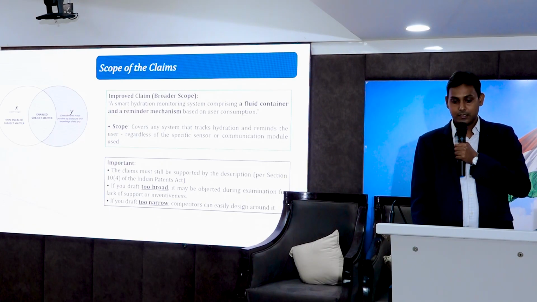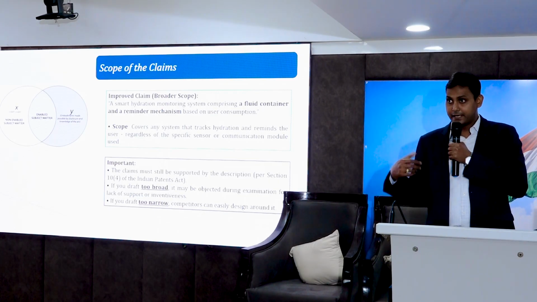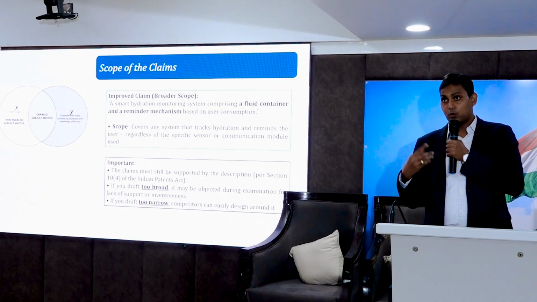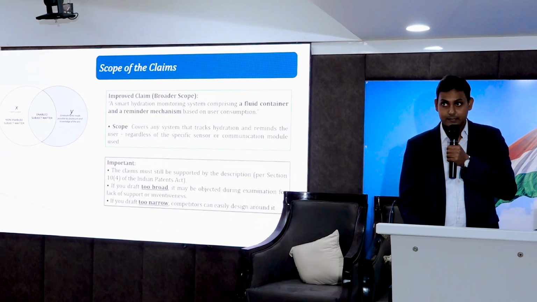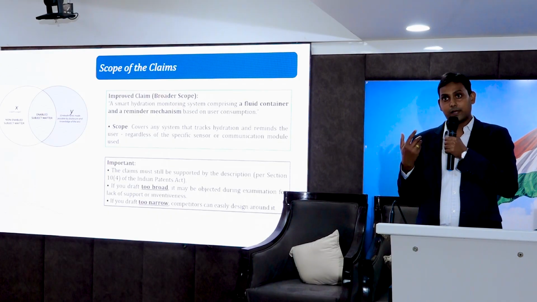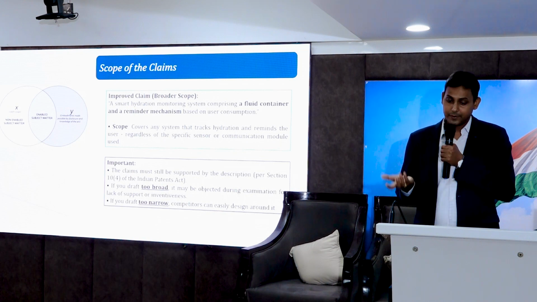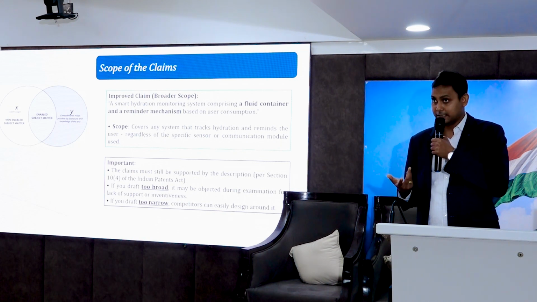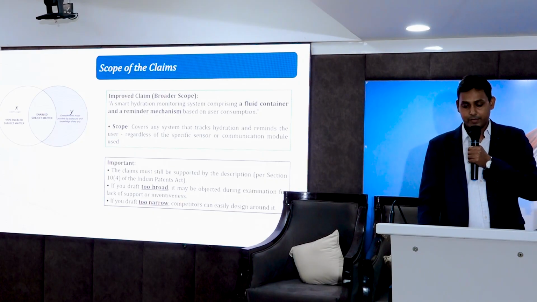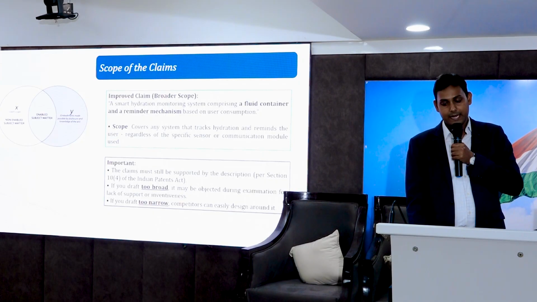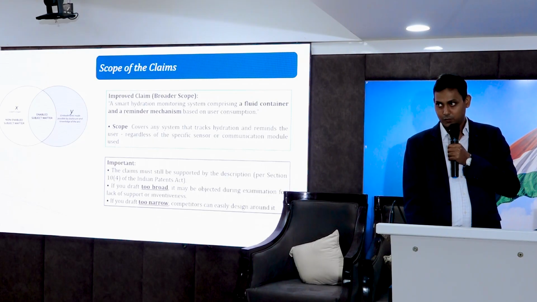So this is the broader version. As I have written the reminder mechanism like this, in the dependent claim I will include how the reminder mechanism is working. You can write that or you cannot, depending on how unique your invention is. Based on that, you have to draft the claims. So here it covers any system that tracks hydration and reminds the user, regardless of the specific sensor or communication module.